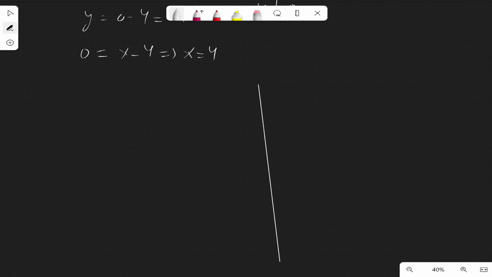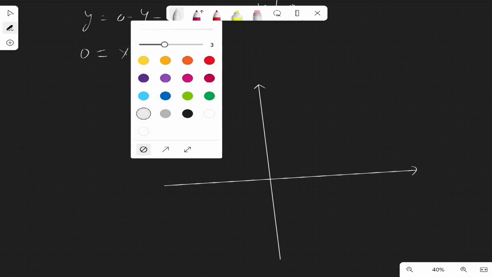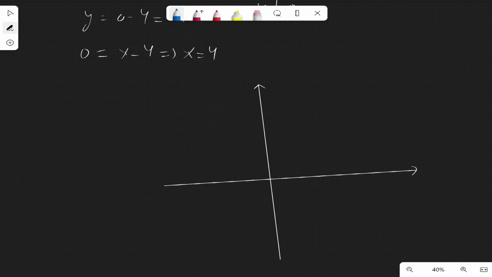X and y axis. The vertical asymptote, x equal 3.